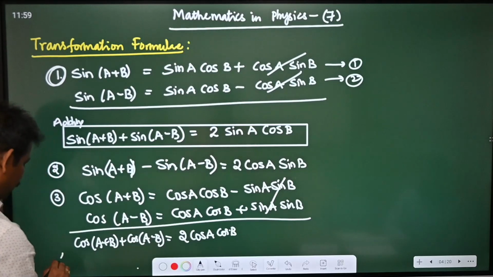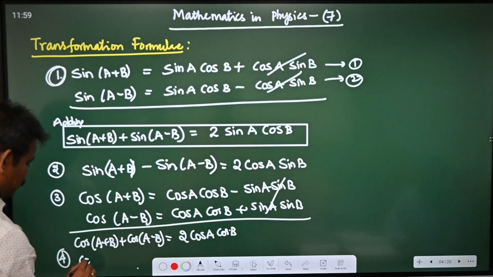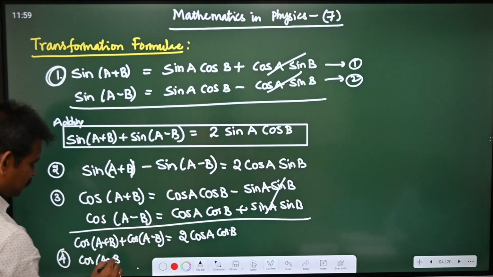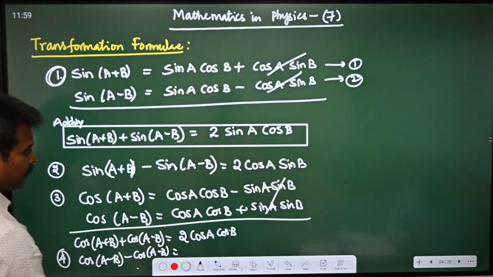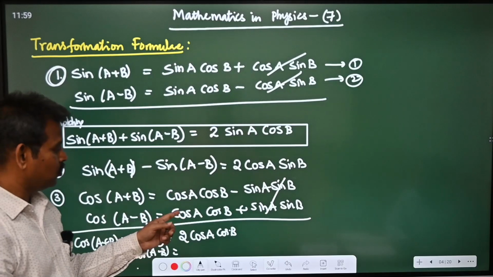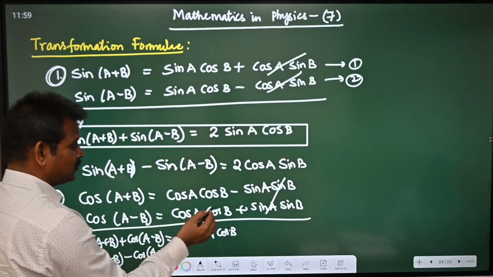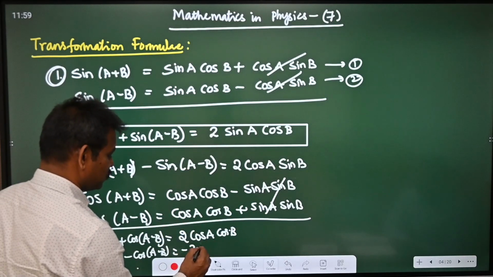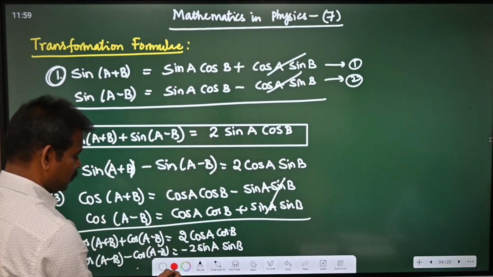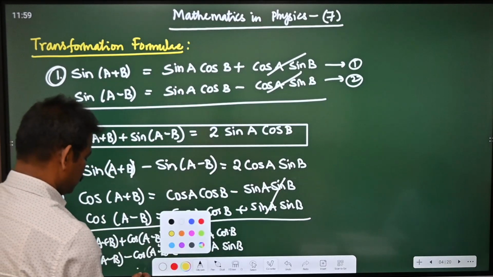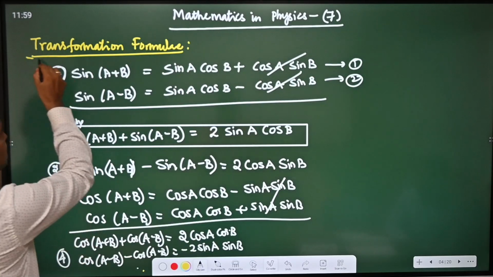From this directly we can write the fourth one, that is cos A plus B minus cos A minus B. So when we are subtracting these two get cancelled. The remainder is minus 2 sin A sin B. So we have to remember these four formulas in transformation formulas.